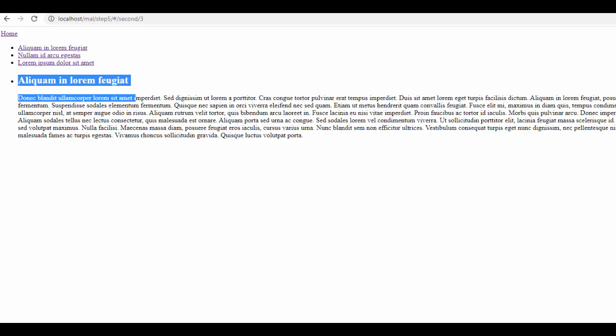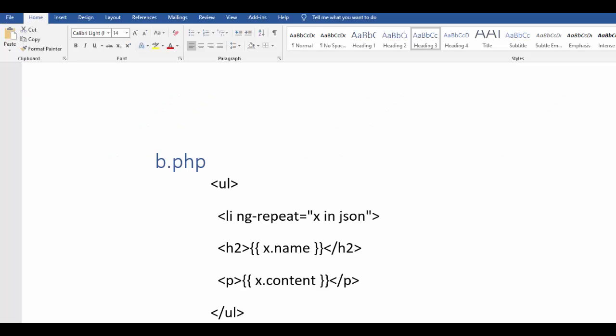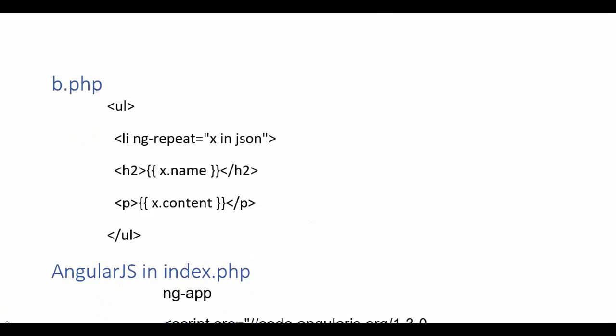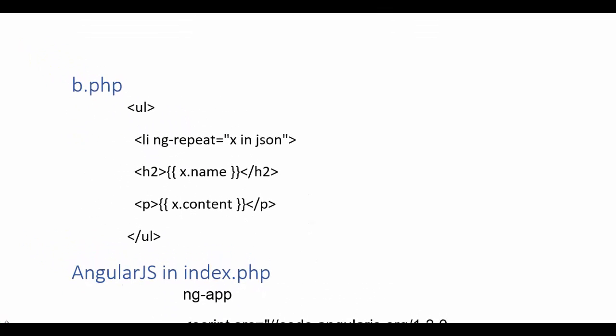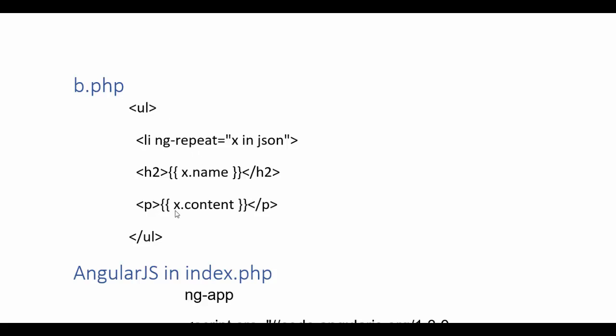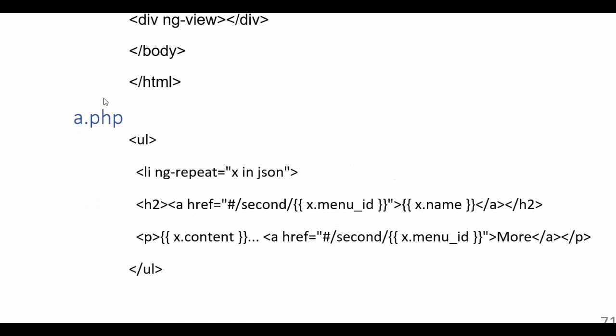But in a.php, we have a link. It is a name and link. And content, we have more, link more. It is a.php.